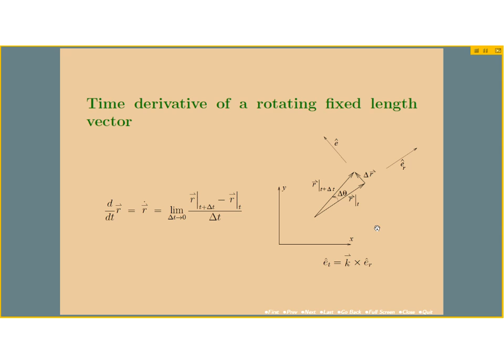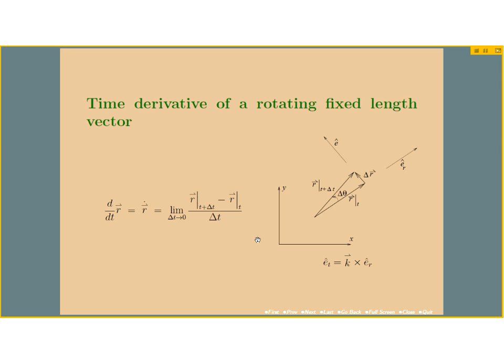Now, using the mathematical definition for the derivative, that would be the limit of the change in the variable, in this case the change in the vector, divided by a small time increment, namely the limit as this time increment goes to 0. So this is the correct mathematical definition of the time derivative of the vector r.